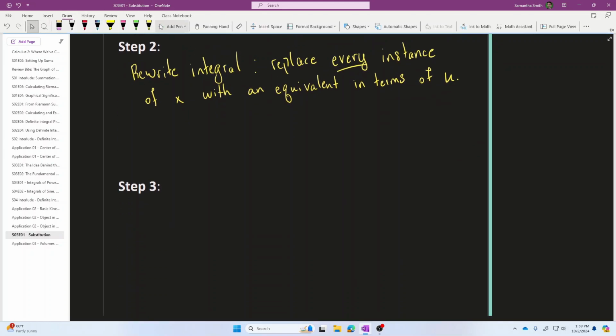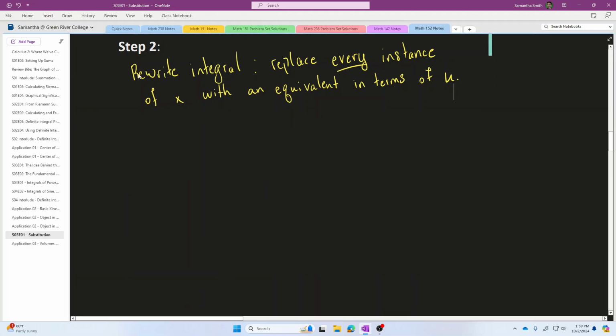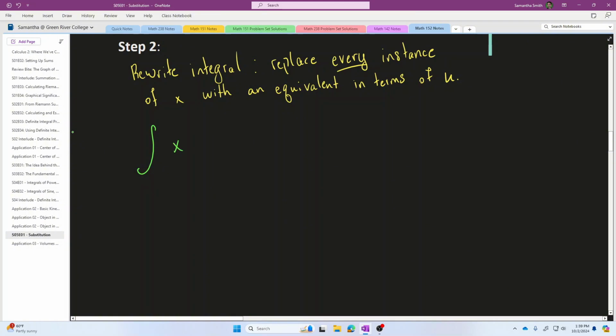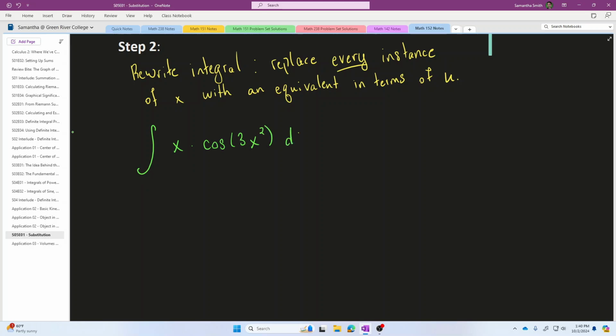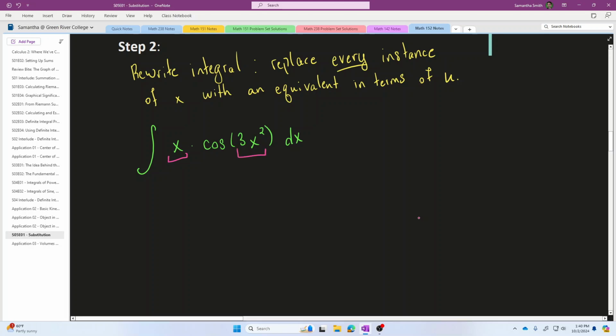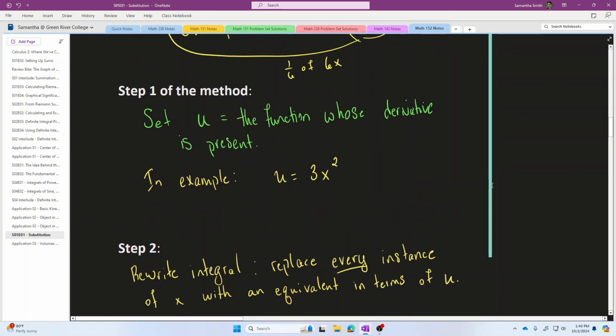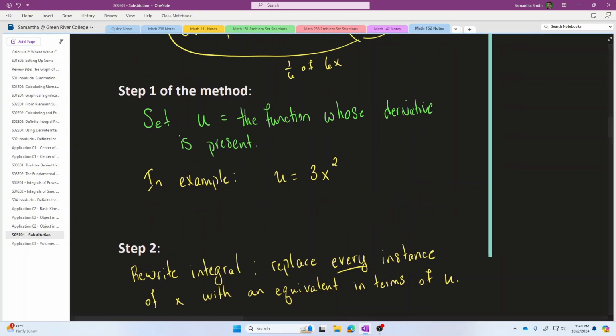So let me show you what I mean, once again, in the context of our running example. Our original integral is the integral of x times cosine of 3x squared dx. My goal is to go into this formula and rewrite it. And everywhere there was an x, I want to substitute and replace that x with something equivalent in terms of this u that I have defined above.